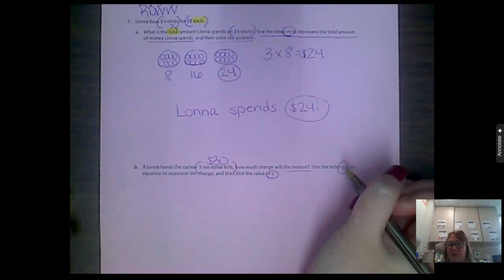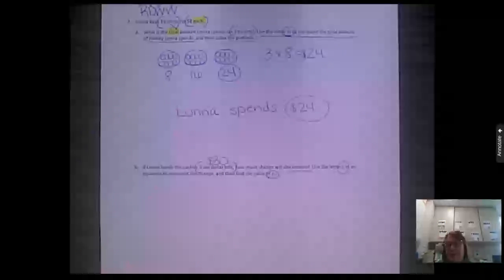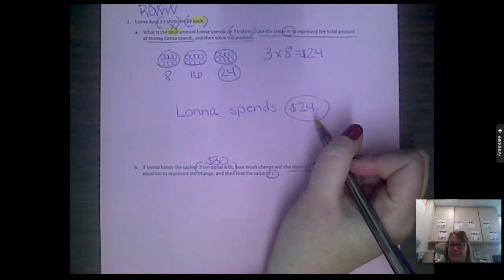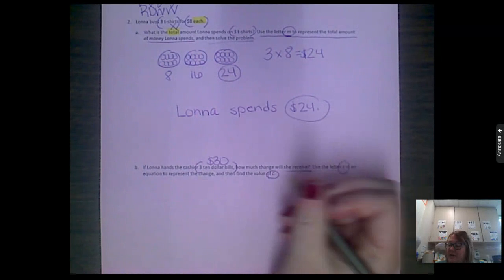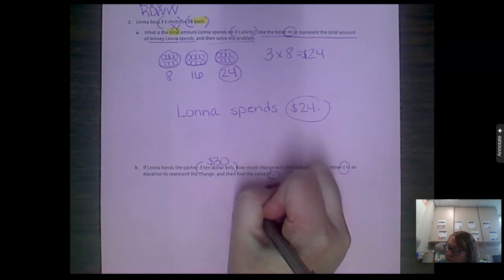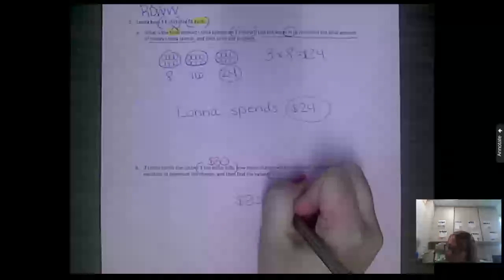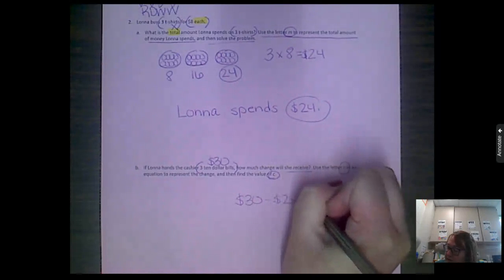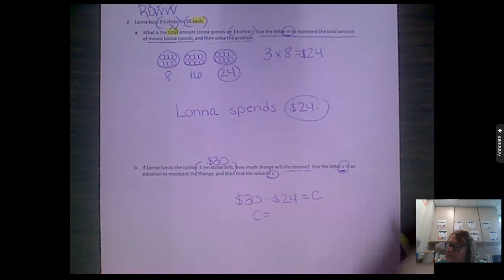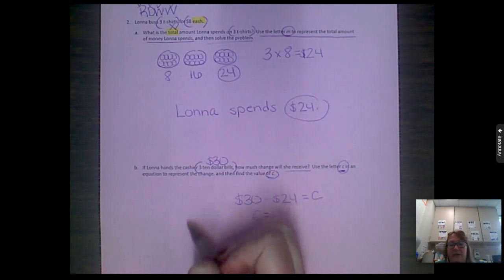What do I do? She spends $24 and the cashier says, $24, please, ma'am. And Lana says, okay, here's $30. What do I do with the 30 and the 24? I'm going to subtract, right? To see how much money she gets back. So I'm going to do $30 minus $24 equals C. If you want to write that vertically, you can.